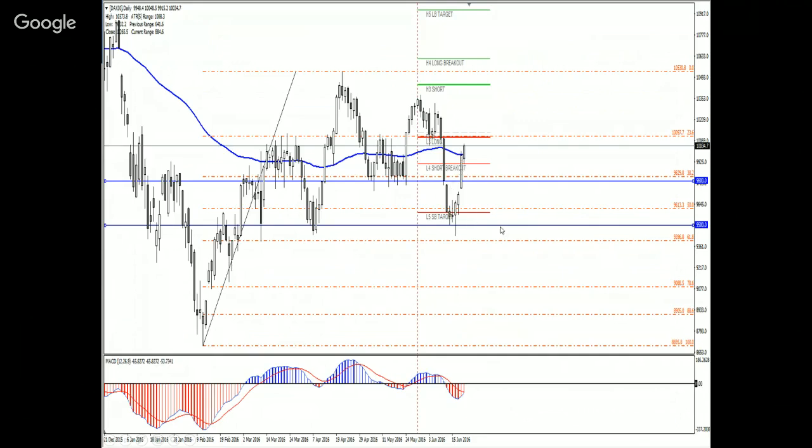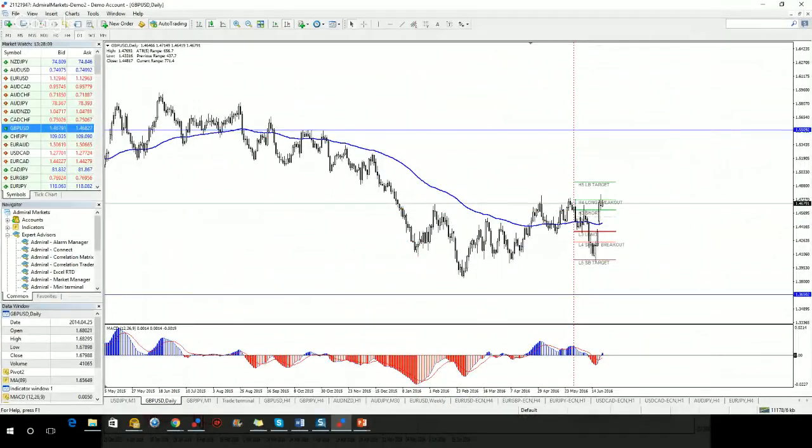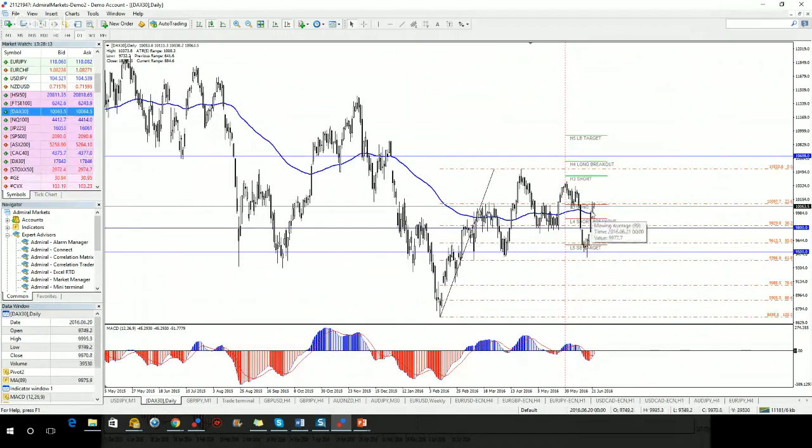So once we see a Brexit, sell the rips towards these levels, guys. It will be important.